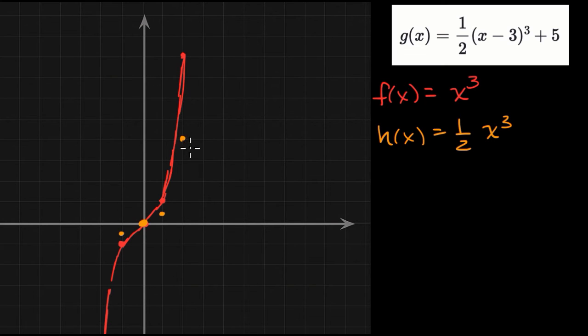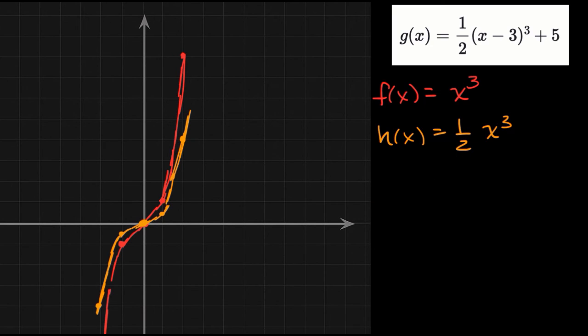It's now going to be 4. h of negative 2, instead of being negative 8, is now going to be negative 4. So h of x would look something like this. One way to think about it is as x increases, it grows slower, and as x decreases, it decreases slower. That's what that 1/2 does.